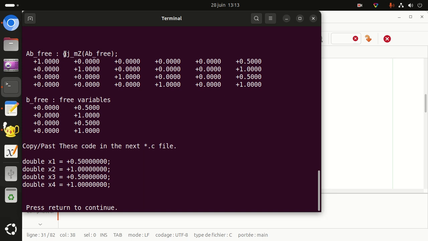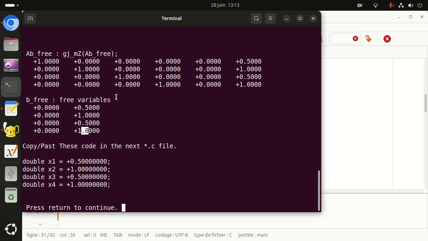Now I call the Gauss-Jordan function and resolve the system. This is A, and this is B. This is B, and this is a column with the free variable. This is the result of my system of linear equations. I copy this value here, B plus the free variable.